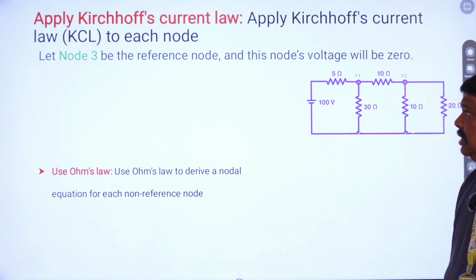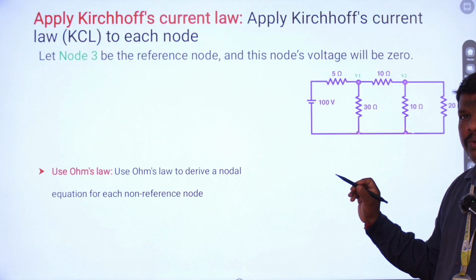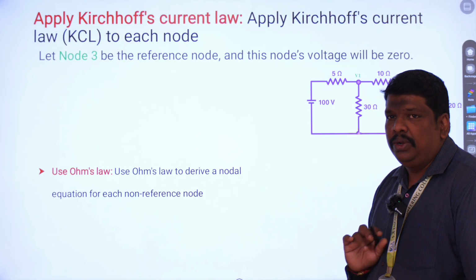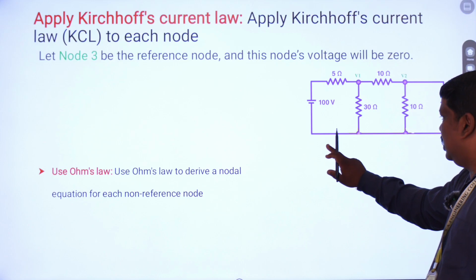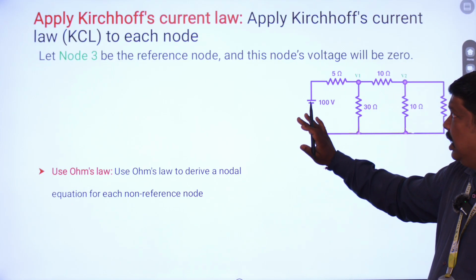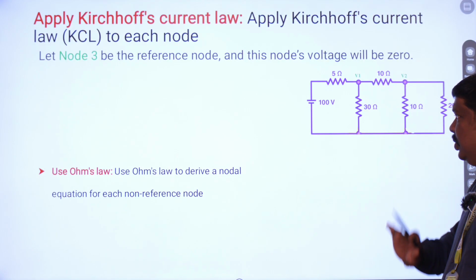And next, the fourth step is going to be to apply your Kirchhoff law as well as Ohm's law. Then we are going to solve your equations to find all your node voltages. This is your given circuit. For this we are going to apply your Kirchhoff law equations and determine your node voltages.